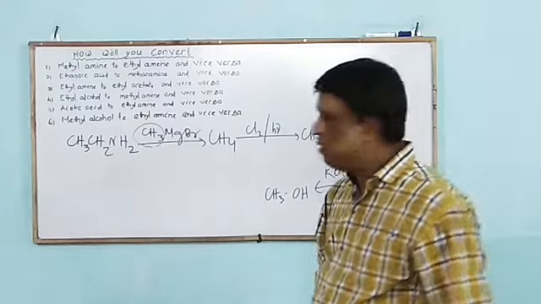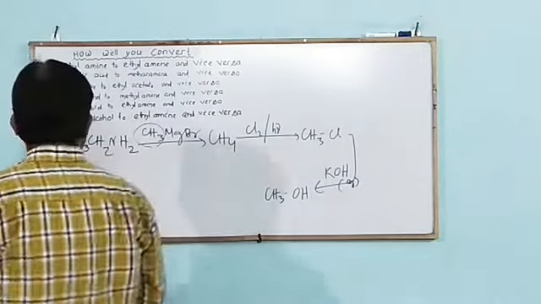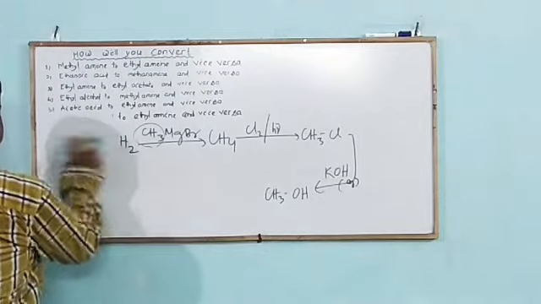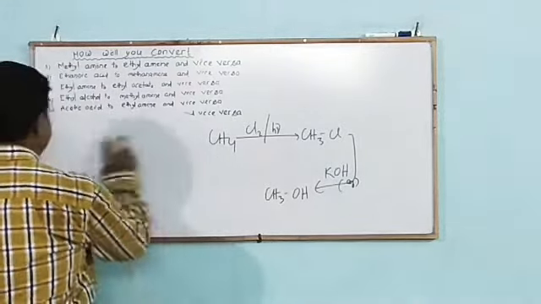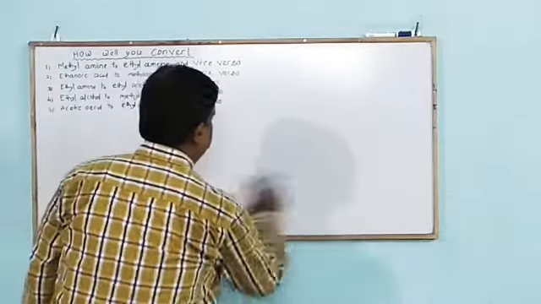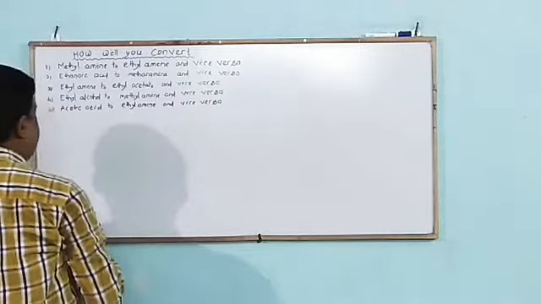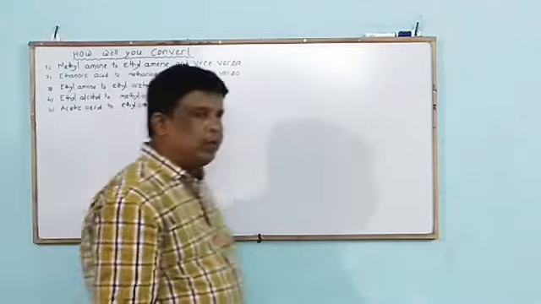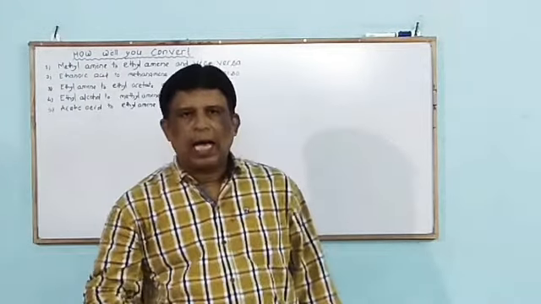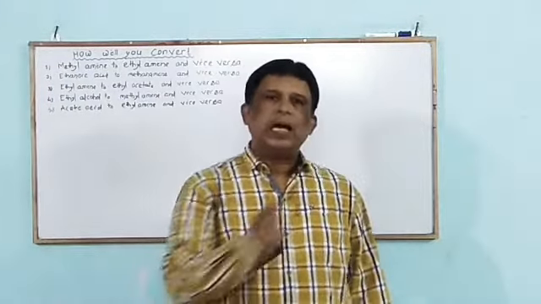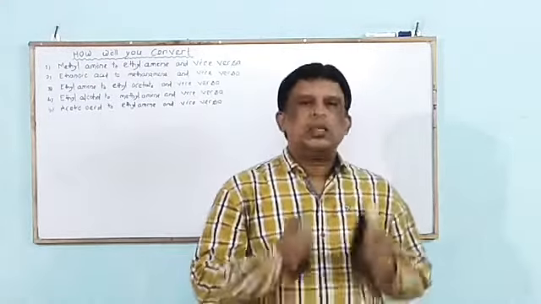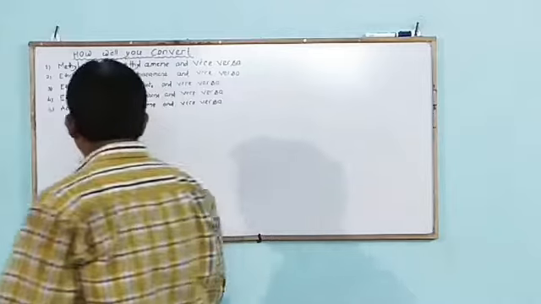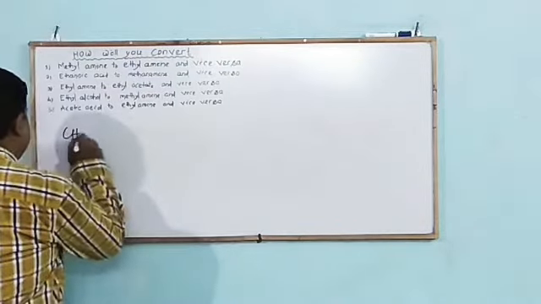Mark the next question. Next question is acetic acid to ethylamine and vice versa, that means acetic acid to ethylamine, and ethylamine to acetic acid. First we solve acetic acid to ethylamine.